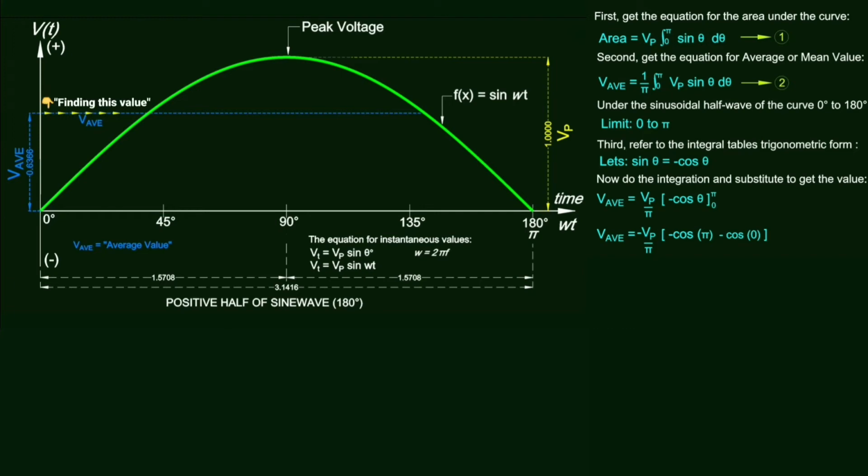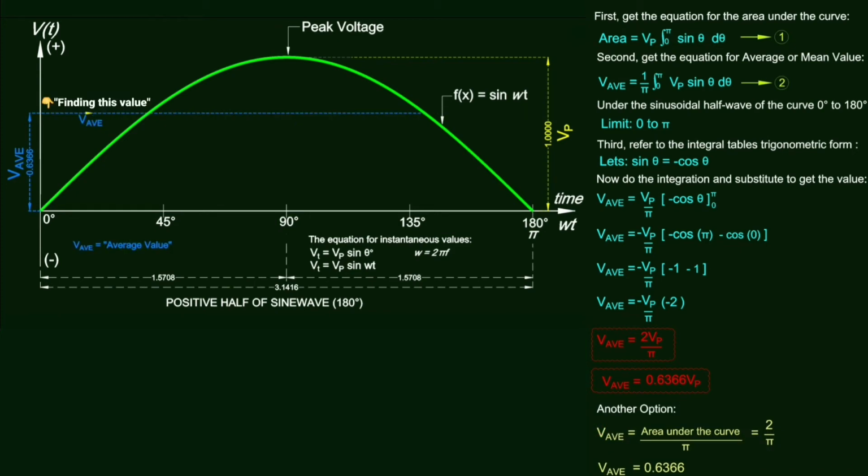Substitute the upper limit of cosine pi minus the lower limit of cosine 0. The values of cosine pi and cosine 0 give minus 1 and 1, so minus 1 minus 1 is equal to minus 2, taking the magnitude 2. And the average value is equal to 2 times the peak voltage Vp divided by pi, the result is 0.6366.